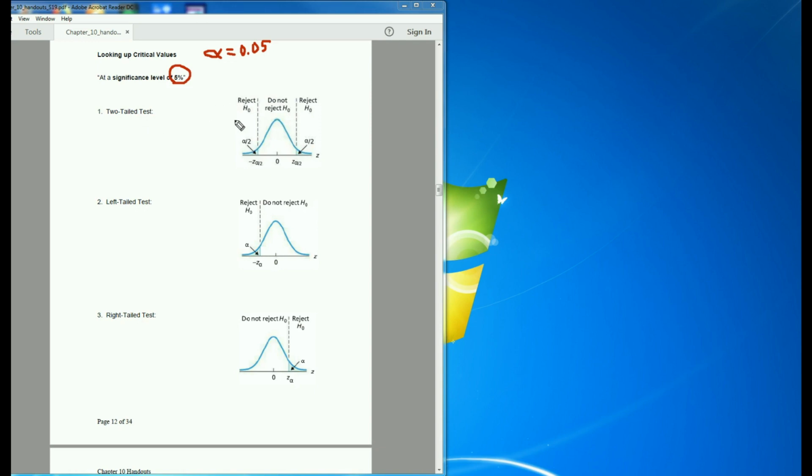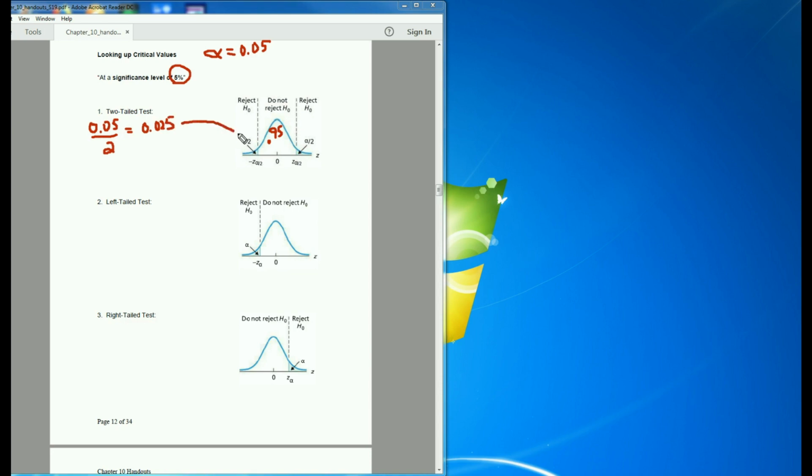All right, and so for a two-tailed test, there's 95% area in the middle, and as before, we take the 5%, and because there is a tail on either side, we want to divide that in half, and we get 2.5%, or 0.025, goes into each tail.